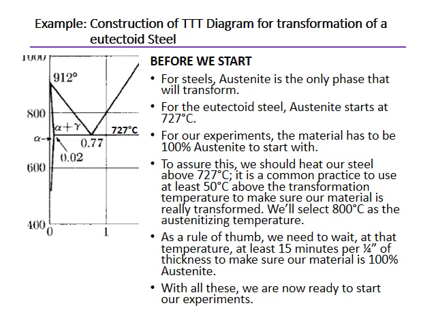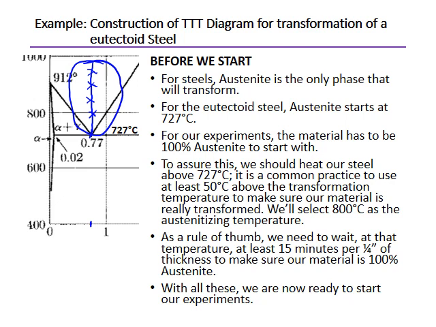So we need to create 100% austenite. So we know that we have this steel with 0.77 weight% carbon. So we have to select a temperature in this region. Any temperature in this region will create a material with 100% austenite.